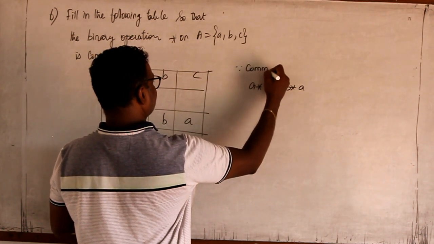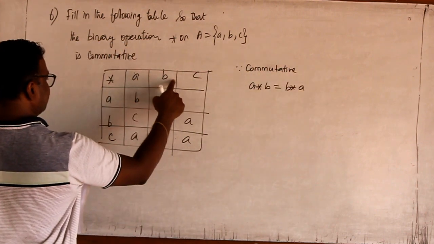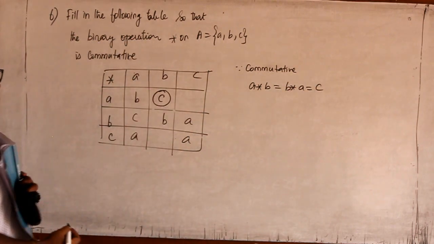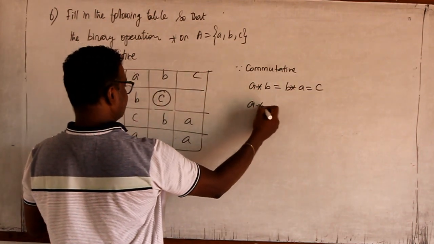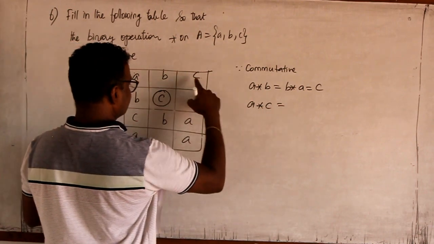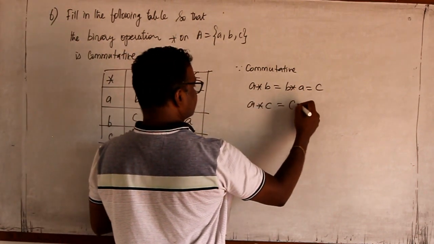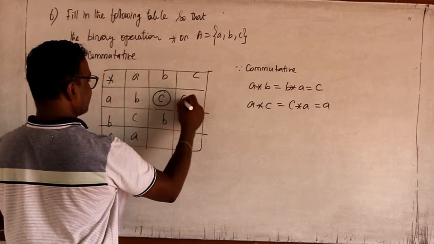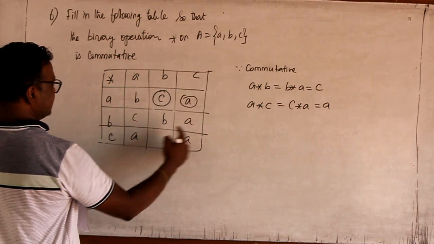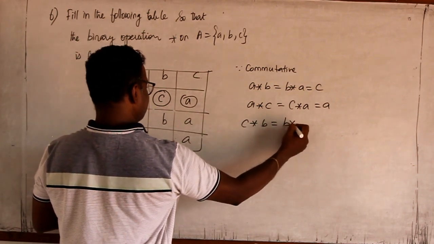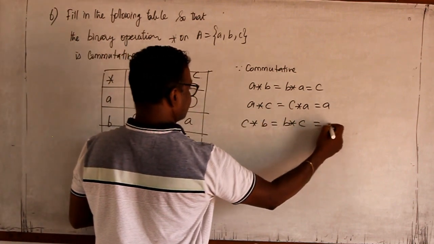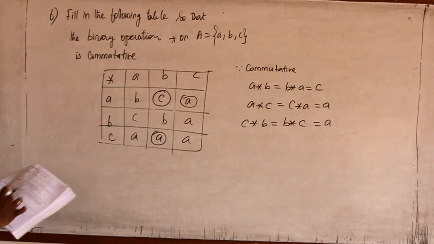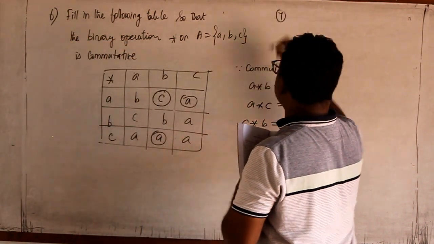Since commutative, I need A star B, but it is equal to B star A, that answer is C. Therefore, here the answer must be C. Similarly, I need A star C, but that is equal to C star A. C star A is A. Therefore, A star C is A. I need C star B. We know it is B star C. B star C is A. So this answer is also A. So C, A, A. That's all. So go for seventh problem.